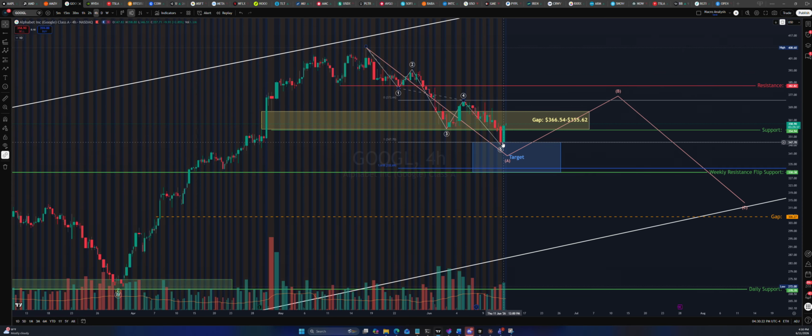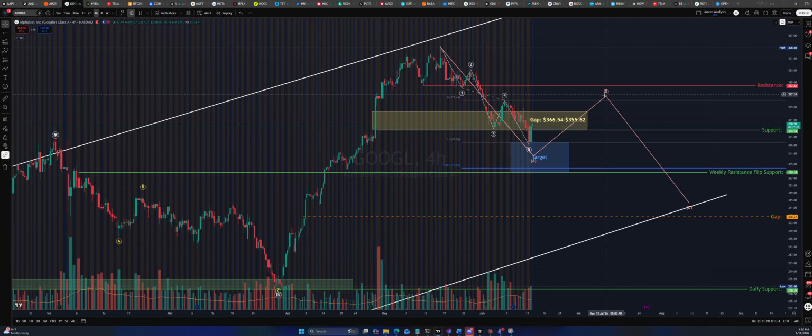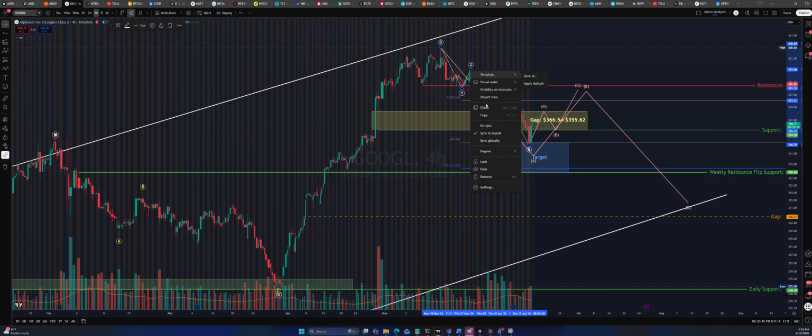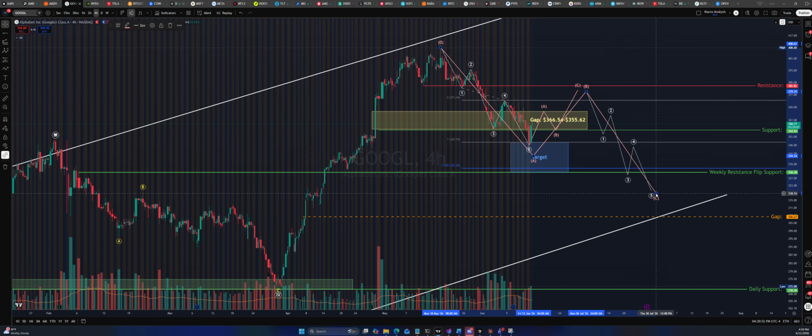And whenever there's a 5 wave move to the downside, an impulse move to the downside, that tends to form a wave A. And if that's a wave A, then it's very likely you're going to have a wave B and then a wave C. And you're going to see an A, B, C wave to the upside. And you're going to see another 1, 2, 3, 4, 5 wave move to the downside. That's how the market tends to move. So this is something you could see for Google.